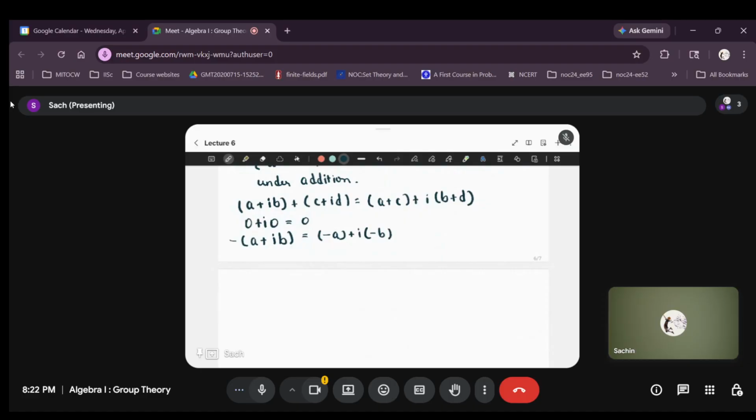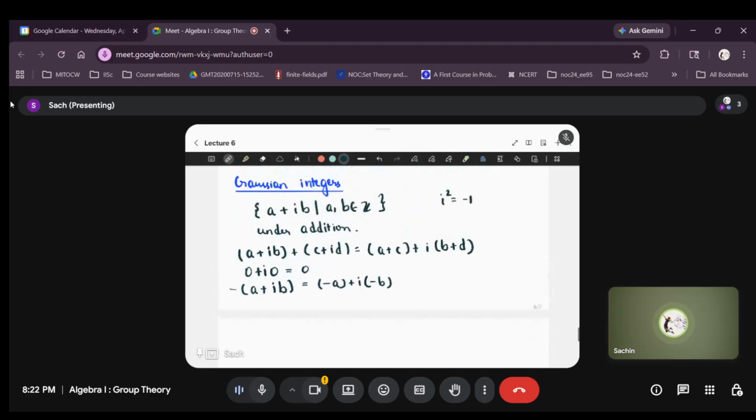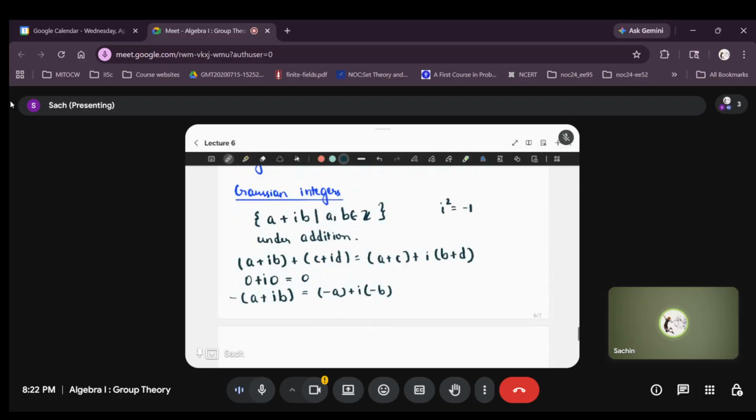And if a and b are integers, minus a and minus b are also integers. So minus a plus i times minus b is also in the set of Gaussian integers. Associativity similarly follows. You can check that also. So this is a group, right? And it is a subgroup of the group of complex numbers. Complex numbers are the set of all a plus ib where a and b are real.